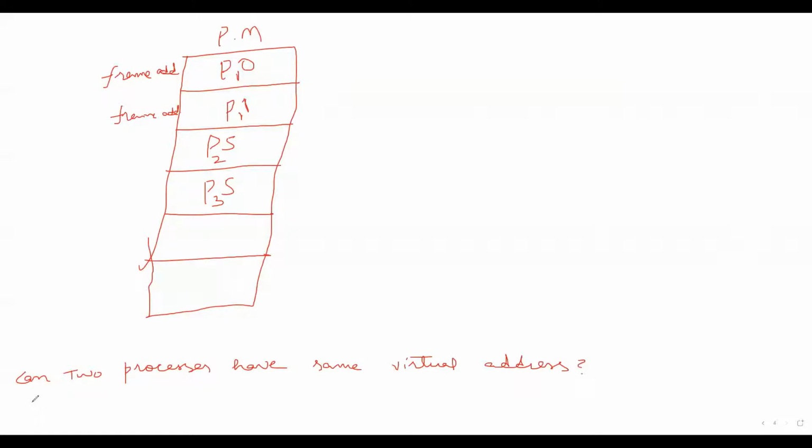The second is, can two processes have the same physical address? This one is possible and this one is not possible, because every process has its own virtual address space and it can collide with others, but physical addresses are unique to every process.